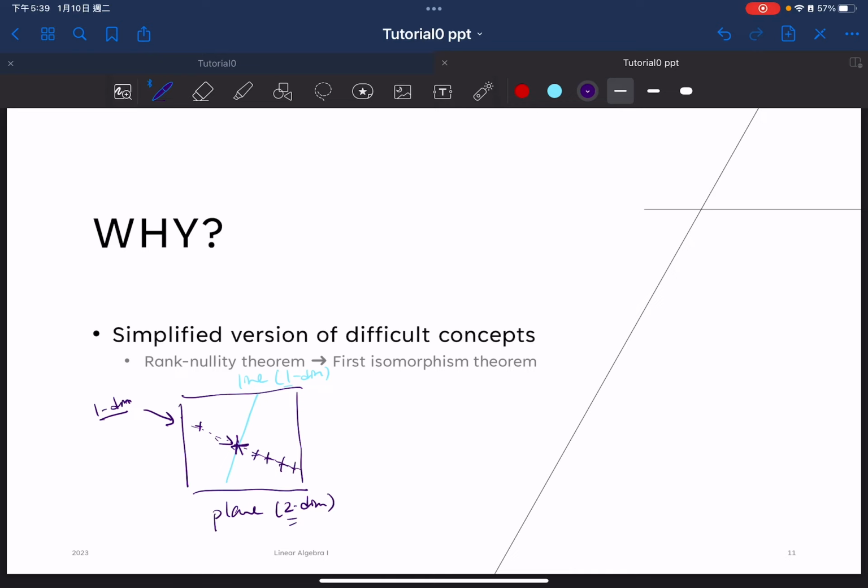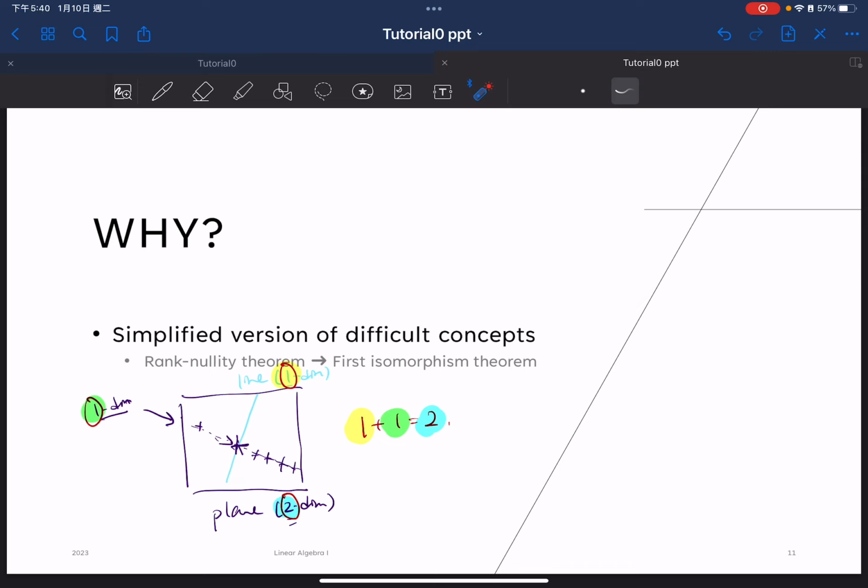So you can see there are three numbers here: 1 and 1, and 2. We all know that 1 plus 1 equals 2, and what I mean is this one plus this one equals this 2. This exactly is the rank-nullity theorem.